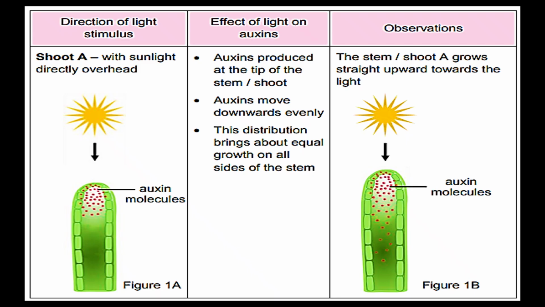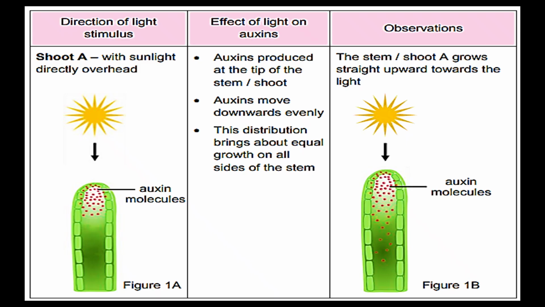So that will take us to the effect of light on auxins. What happens to the auxins when they are exposed to sunlight? So you have to know auxins are produced at the tip of the stem or the shoot. So this is the shoot or the stem. What will happen to the auxins? The auxins will move. The word move is important. They move like human beings will move.